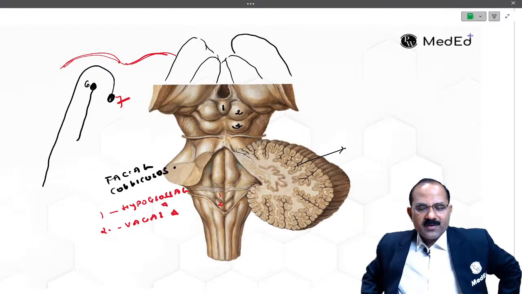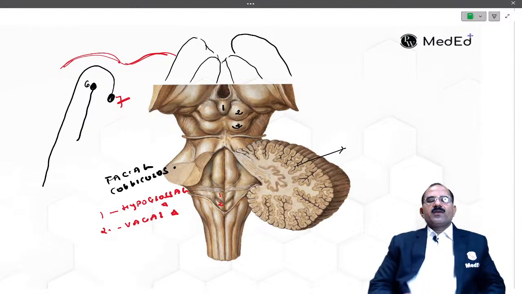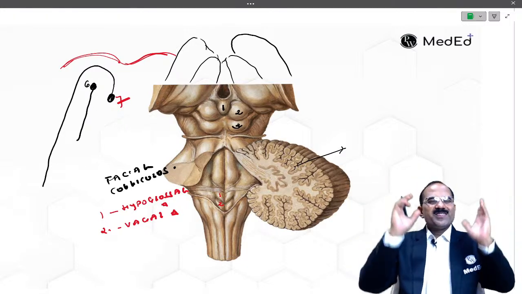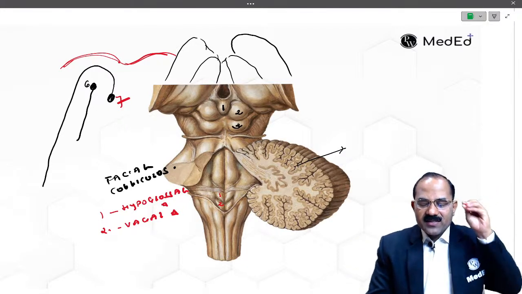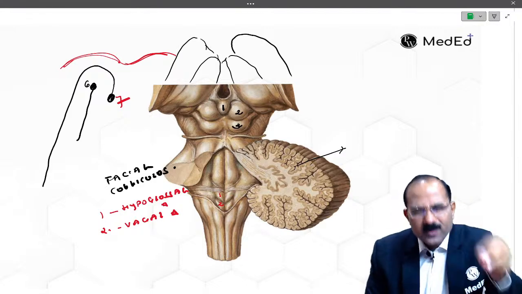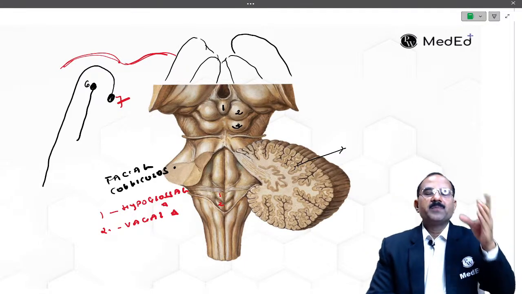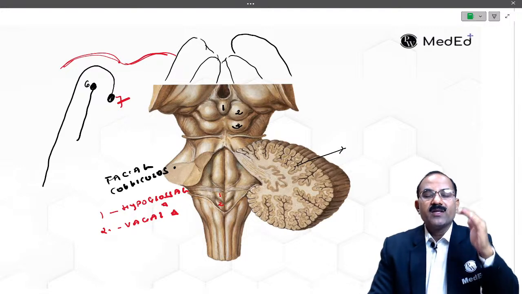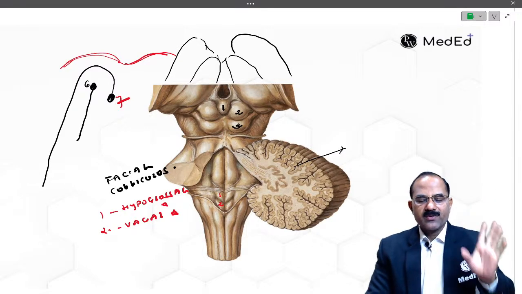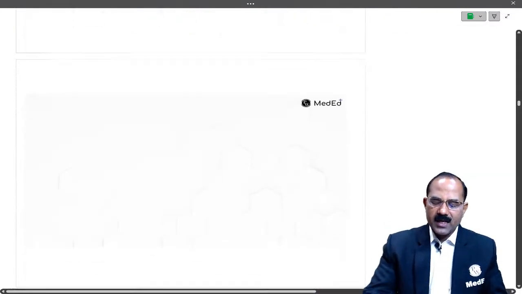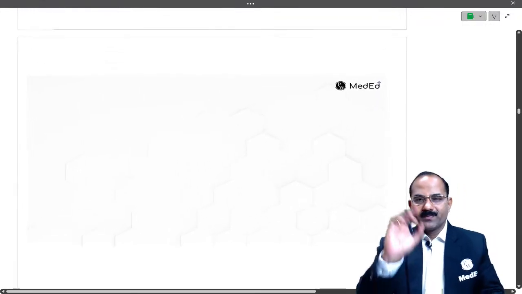The hypoglossal triangle is formed by what? If we go deep to this hypoglossal triangle, we get the hypoglossal nucleus there. And if we go deep to the vagal triangle, we get the dorsal nucleus of vagus. So just remember the hypoglossal and vagal triangles.